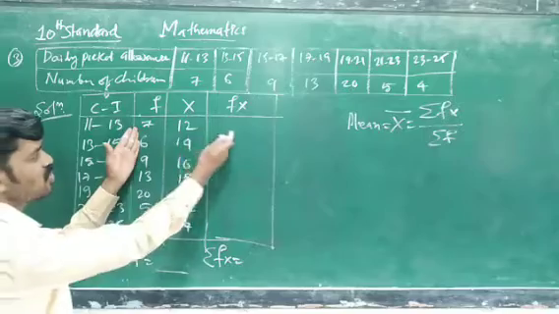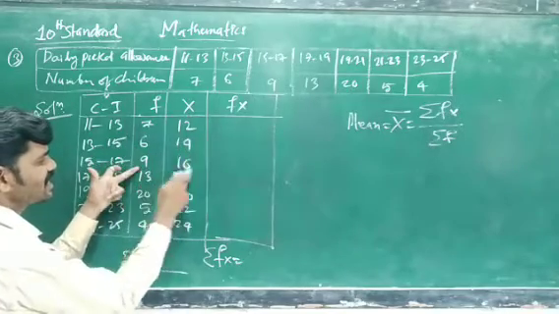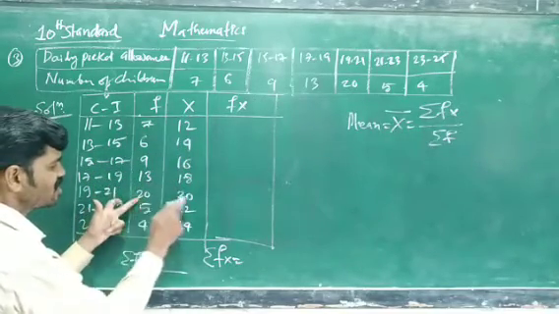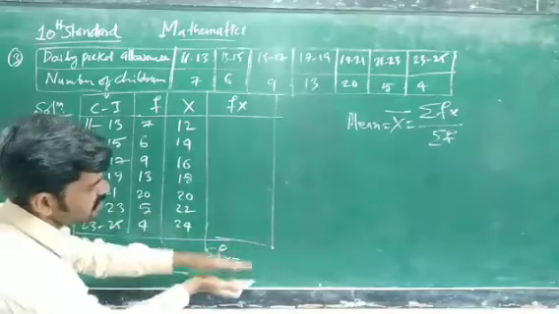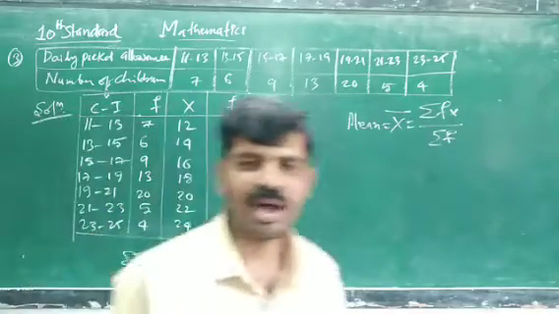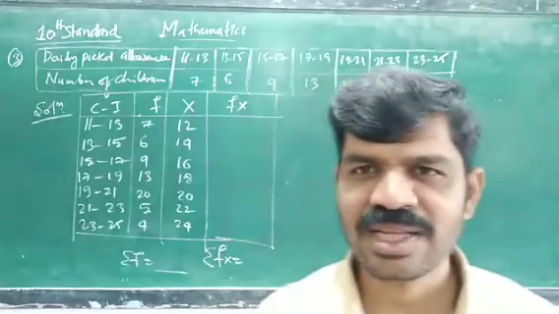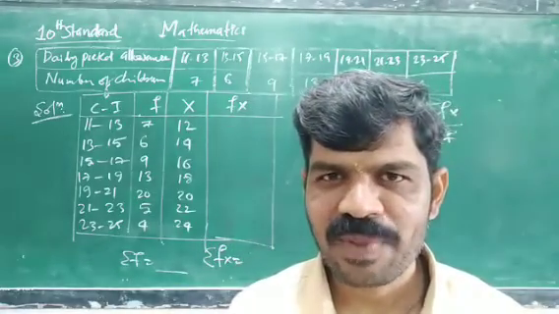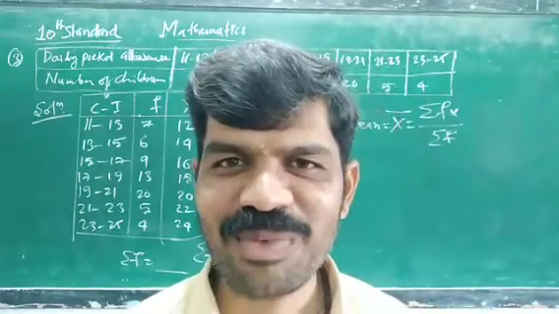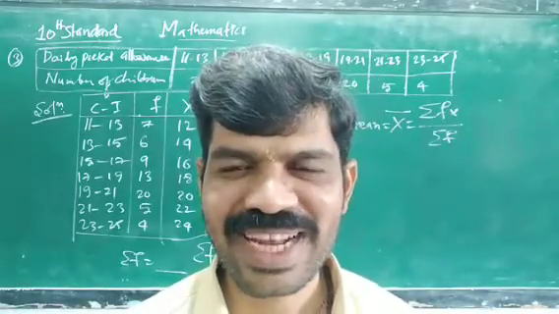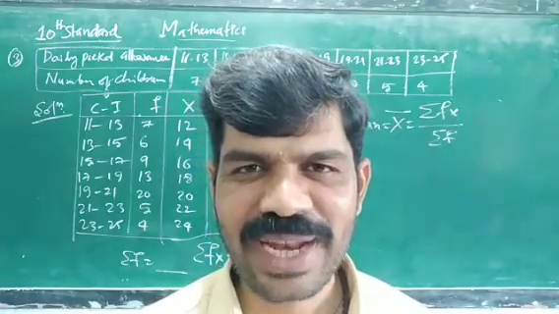Multiply 7 and 12, 6 and 14, 9 and 16, 13 and 18, 20 and 20, 5 and 22, 4 and 24. Add all these things, we will get this. I hope you understood this. Do that. Multiply and get the result. Okay, so I have multiplied it.